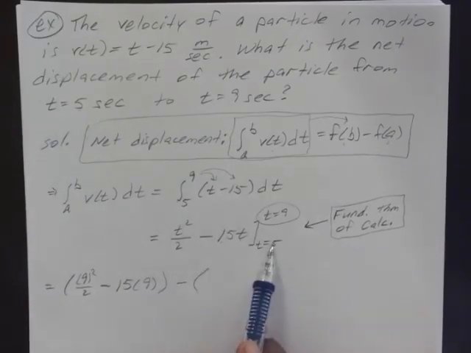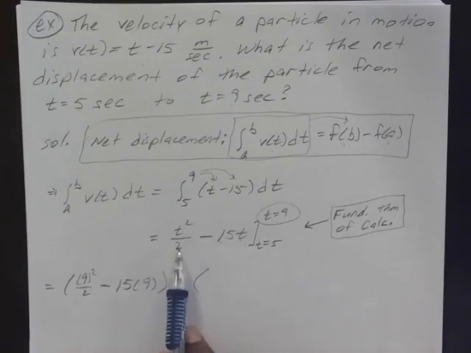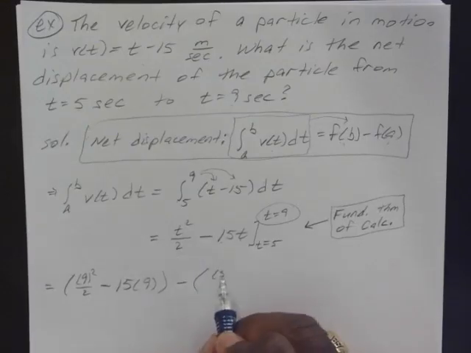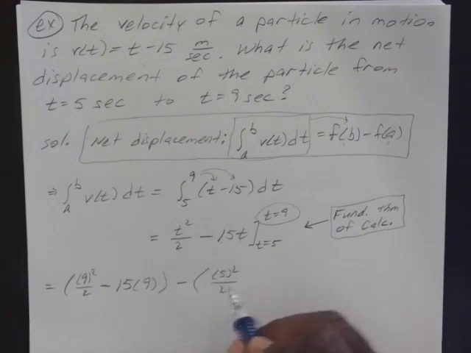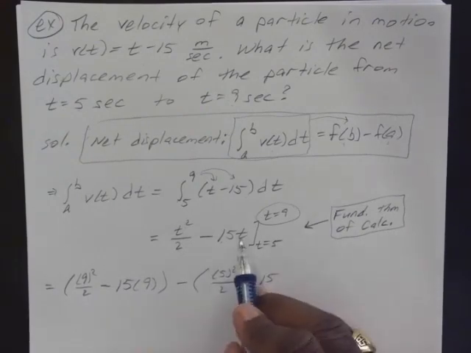Minus, now we plug in our lower limit, so that gives us 5 squared divided by 2 minus 15 times 5.